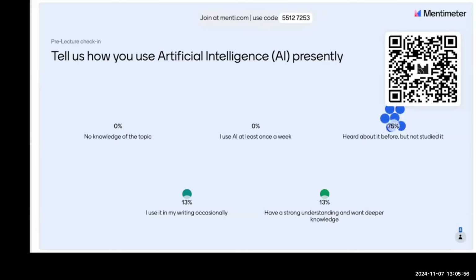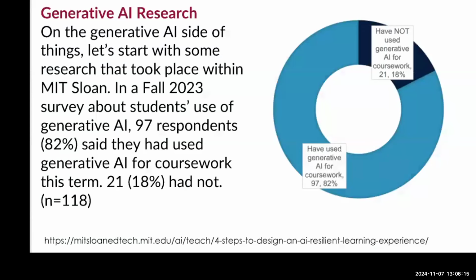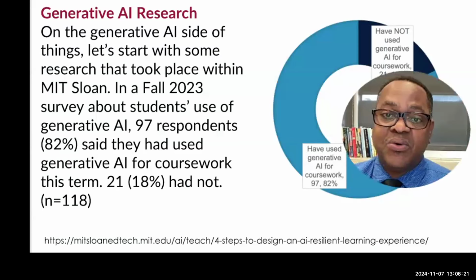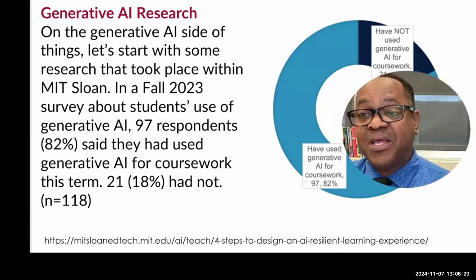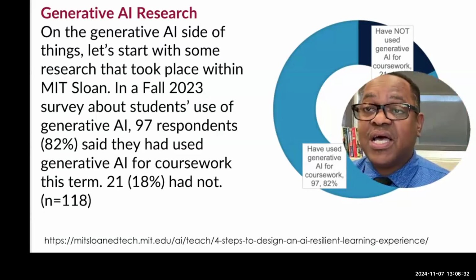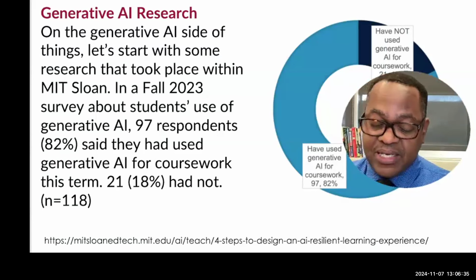All right. I think we get an idea that the vast majority of you are here for a good reason, because you've heard about it, but you've not really studied it. You've not given time to it. We see some of you use it in your writing occasionally, so that's great. And this actually maps on very well with this research from MIT Sloan, done in the fall of 2023, and we see here that students are using and have been using AI.